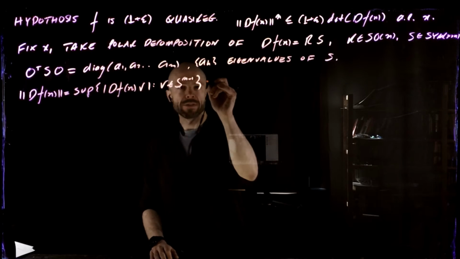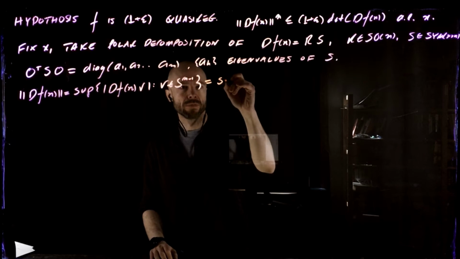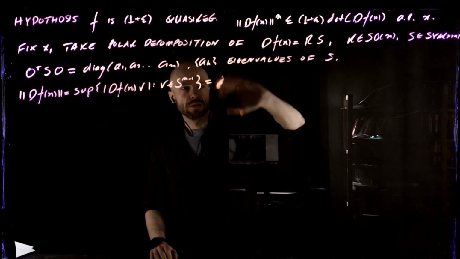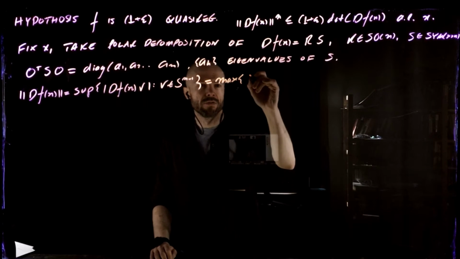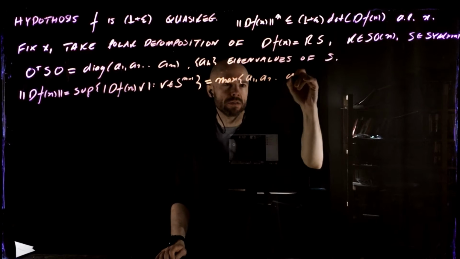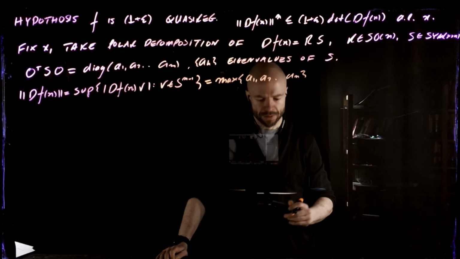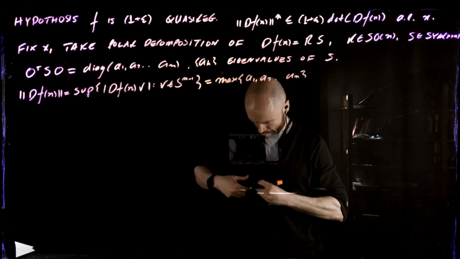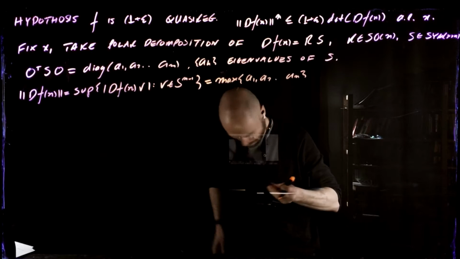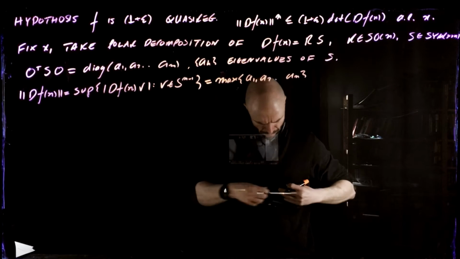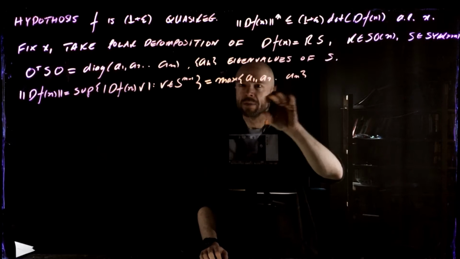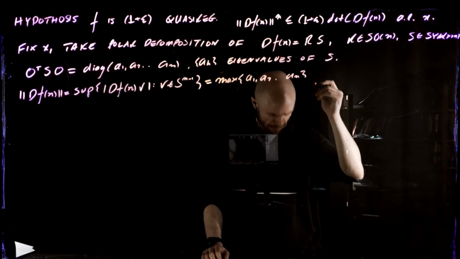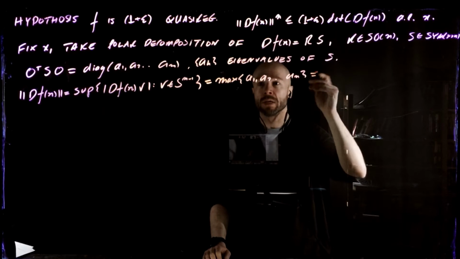Cool. So then this thing is equal to just the max. These guys are all positive, so I think the absolute value, let's do max of A1, A2, say up to AN. Let me rearrange my notes. So this is the max of all of these guys, and let's give that guy a name.